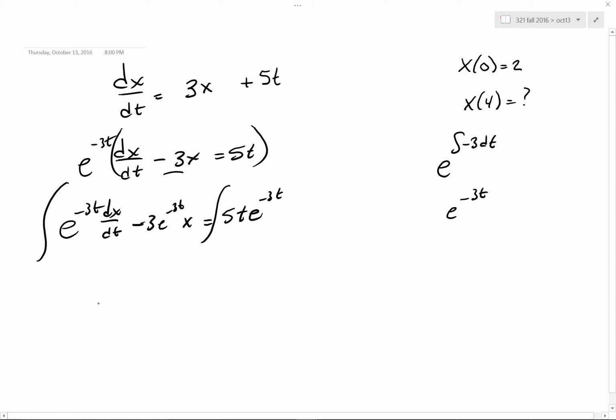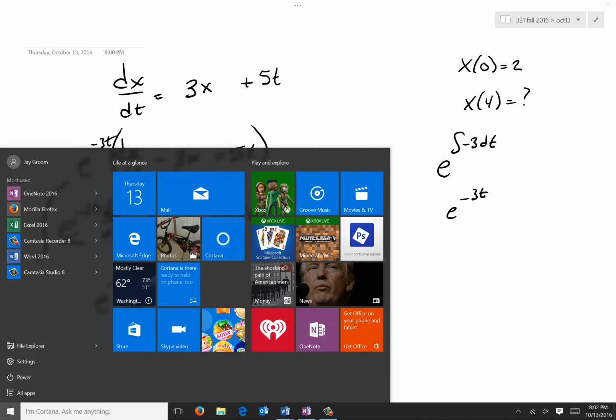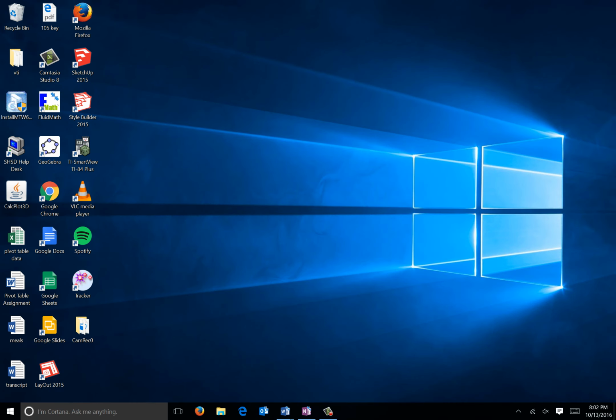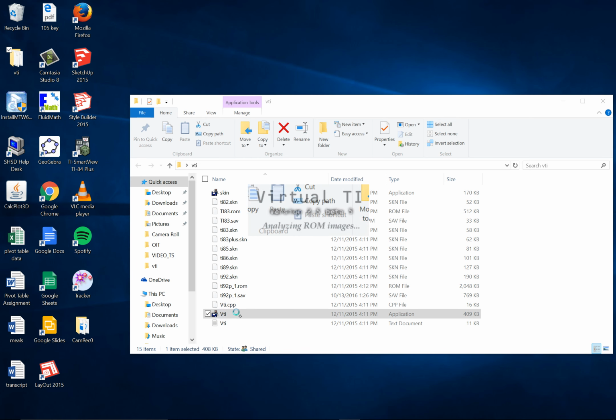Integrate. This side just becomes e to the negative 3t times x. The other side, you're not so sure. You're like, geez, can I please do integration by parts? Okay, if you want to, but I'm going to use my calculator.